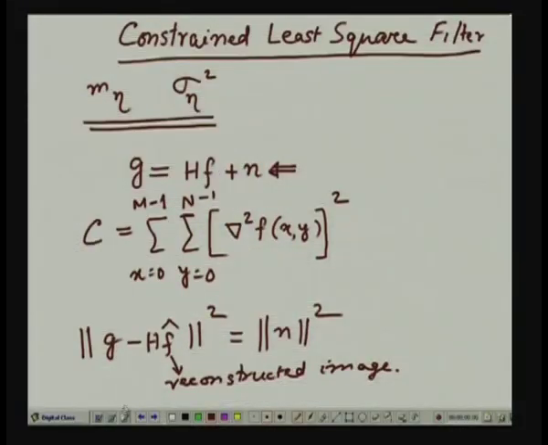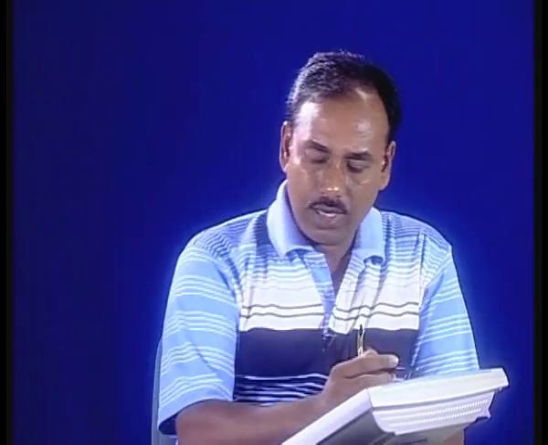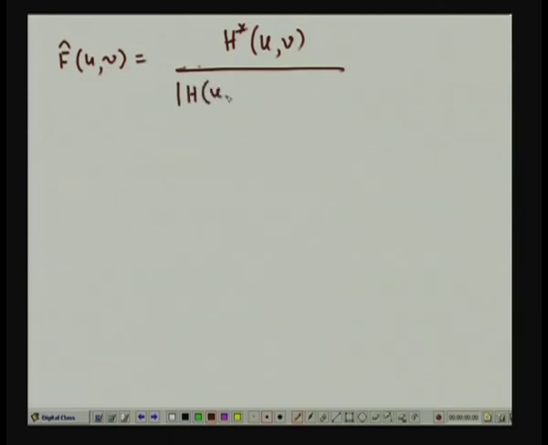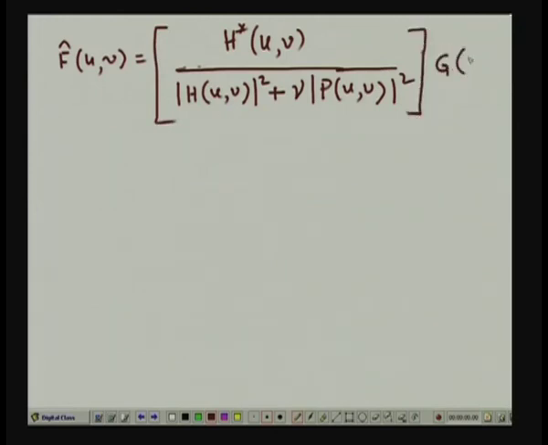Again, without going into the details of the mathematical derivation, we will simply give the frequency domain solution of this constrained least square estimation, which is given by f hat(u, v) equal to H star(u, v) upon the magnitude of H(u, v) squared plus a constant gamma times the magnitude of P(u, v) squared, times G(u, v).